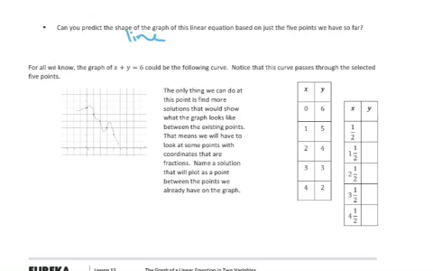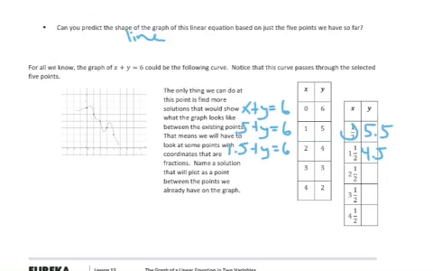So if we continued on with the equation, x plus y equals 6, and if I plugged 1/2 in for x, so if I did 0.5 plus y equals 6, 0.5 plus what equals 6? Well, it's 5.5. And then if I did 1.5 plus y equals 6, 1.5 plus 4.5 equals 6.